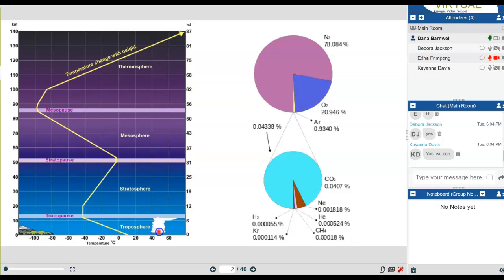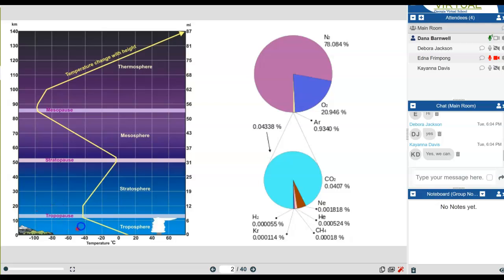So what we know about the troposphere is that as we go up in altitude, the temperature within the troposphere is going to decrease. And that's what you're seeing here with this first yellow line. And as we cross over an imaginary distinction between the troposphere and the stratosphere, we're going to see the temperature change.